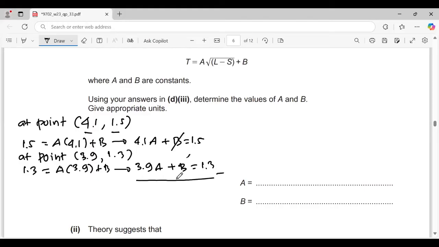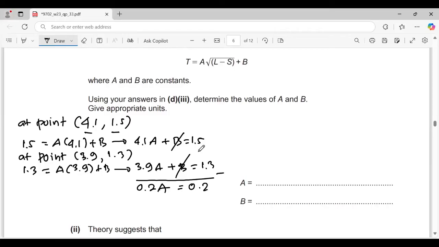Now, if we subtract, B becomes 0, and then this is 0.2 equals 0.2. Right.